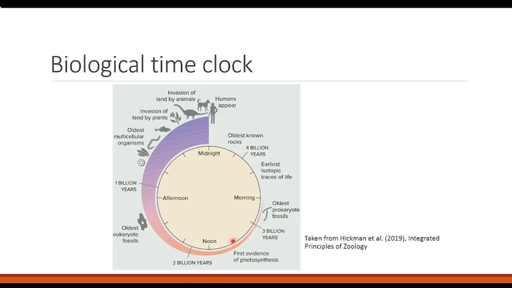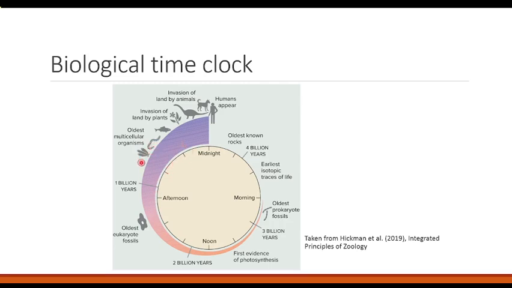The first evidence of photosynthesis is at around 2.5 billion years. Then the eukaryotes evolved around 1.5 billion years ago, and then within 1 billion years, rapid evolution.